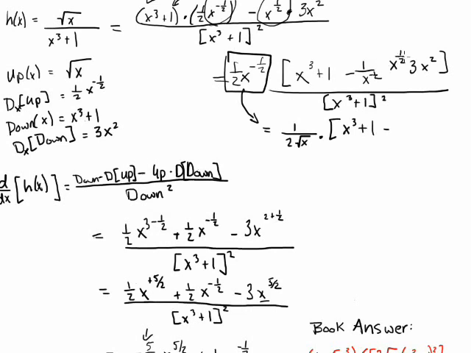And then that x is being multiplied to 3x squared, so this is the same thing as 3x cubed, right? And this is divided by x cubed plus 1 quantity squared. And I also took out this factor of 1/2 here, so I need to make up for that, maybe by putting a 2 right there, right? So I took out a 2, I have to replace it somewhere. So this actually should be 6 right here.